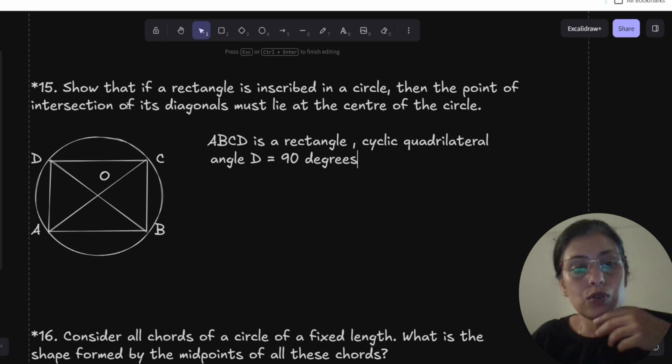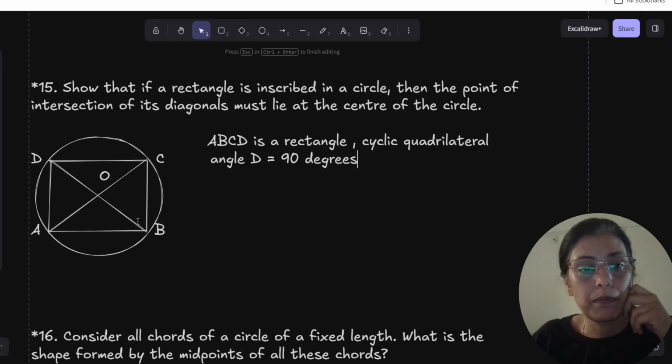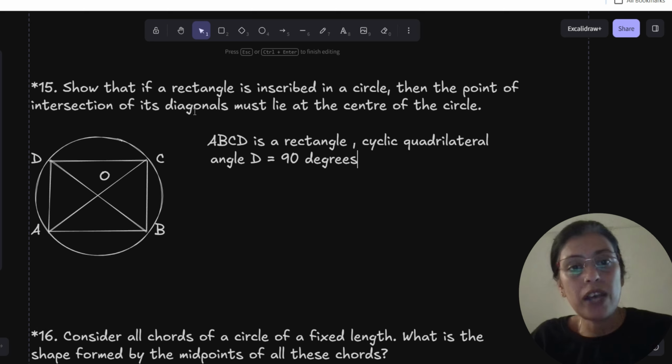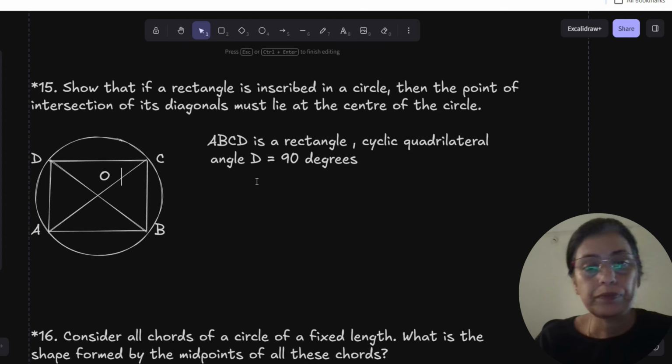Just now we saw, right? Because angle B plus angle D should be equal to 180 degrees because it is a cyclic quadrilateral, and angle B and angle D are equal and both are 90 degrees. And in fact, because we have been given already that it is a rectangle, this means angle B, angle D both are 90 degrees. We need not prove it like we did in the earlier example. So it is 90 degrees.